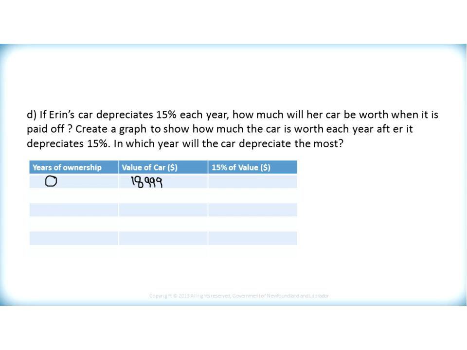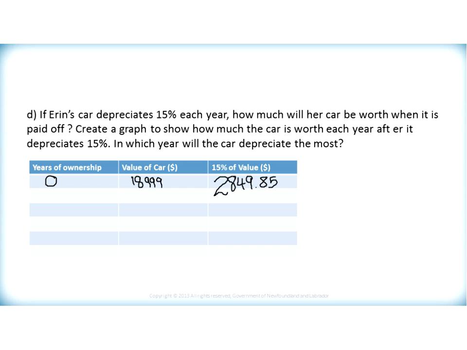So to find out what 15% of that value is, we multiply 18,999 times 0.15, and we get a value of $2,849.85. So that means after 1 year, she will have lost that much on her car.